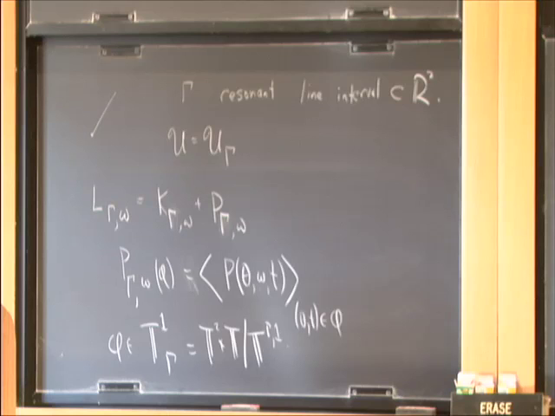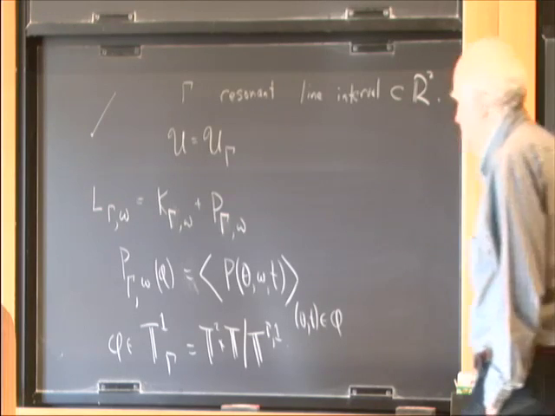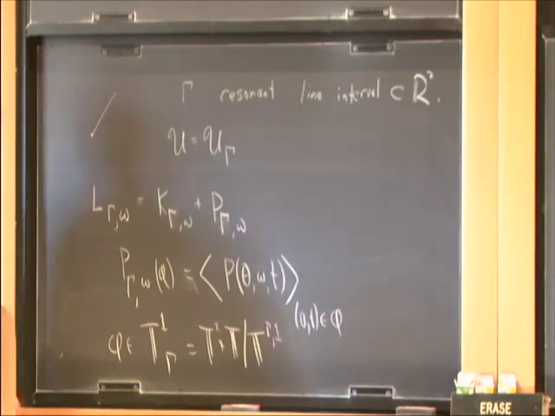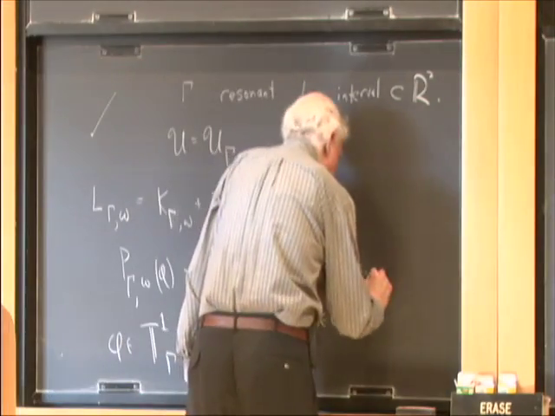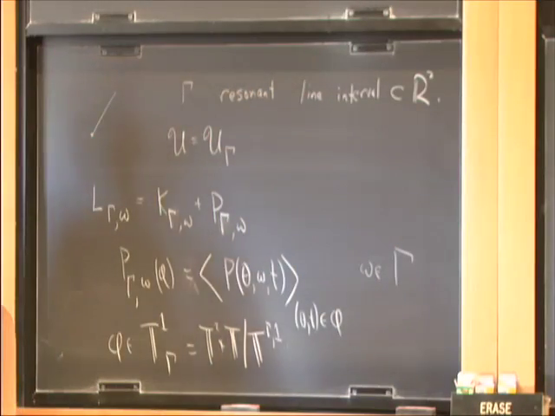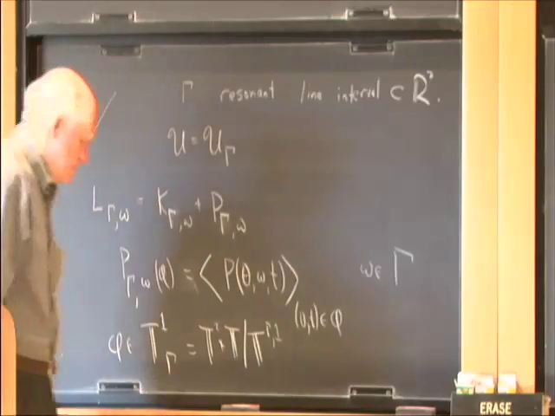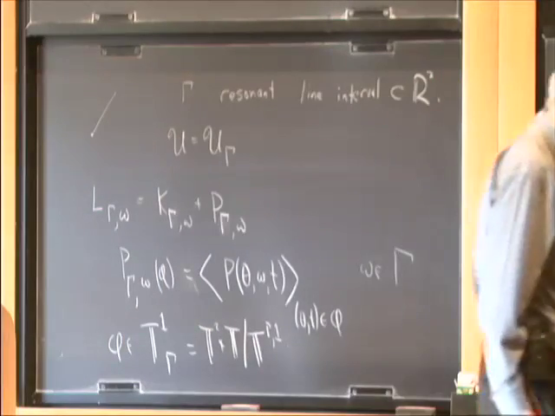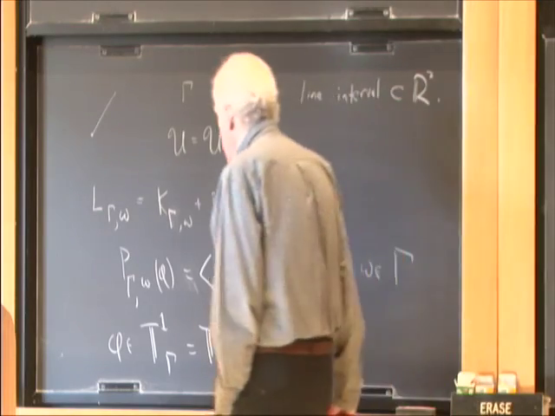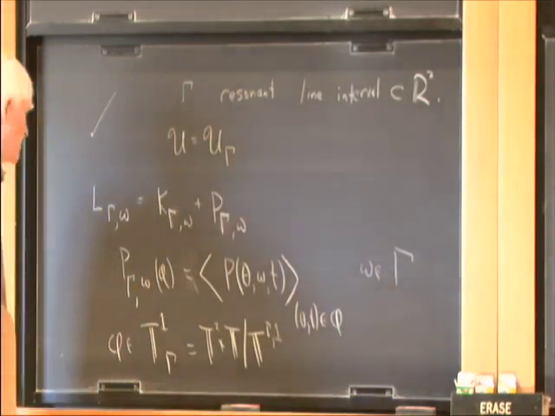So as a consequence of the transversality condition, there are only a finite number of omega contained in gamma for which you have two minima. For the rest of the omega, you have just one global minimum. So here I'm talking about global minima.